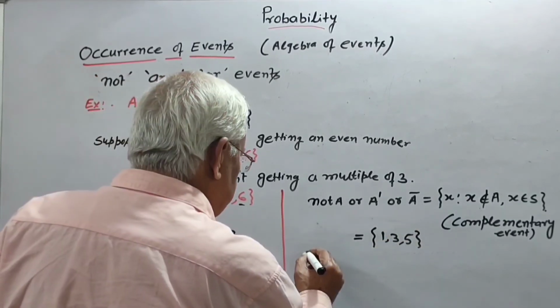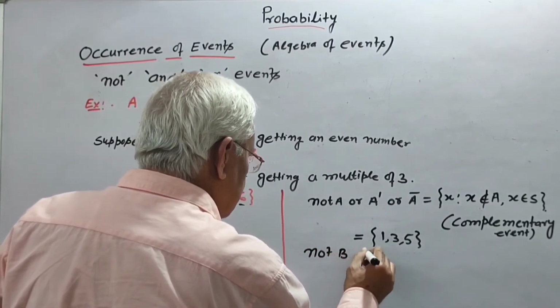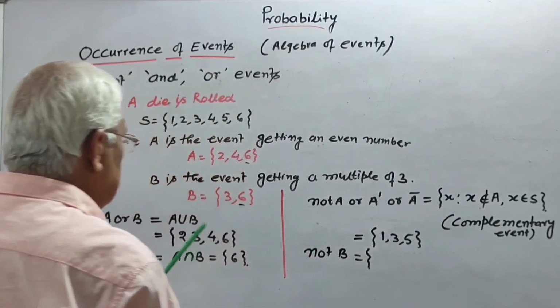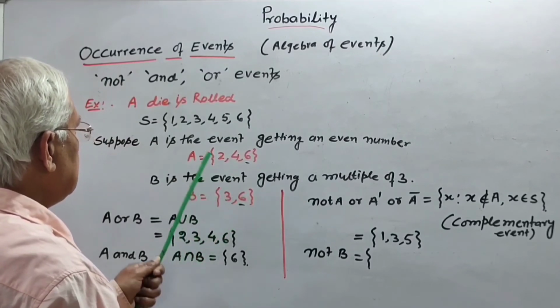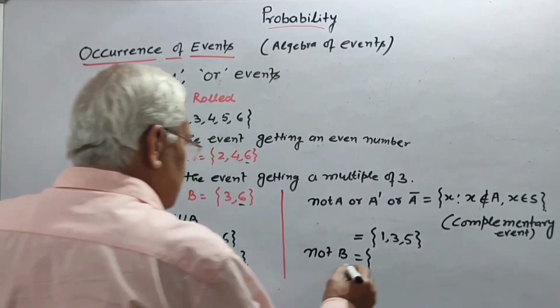Similarly, not B, elements other than 3, 6 in S are 1, 2, 4, 5.